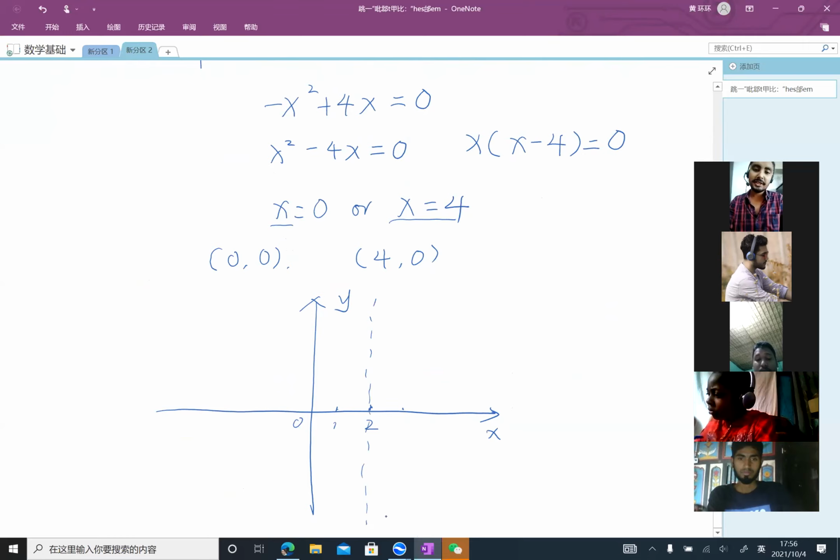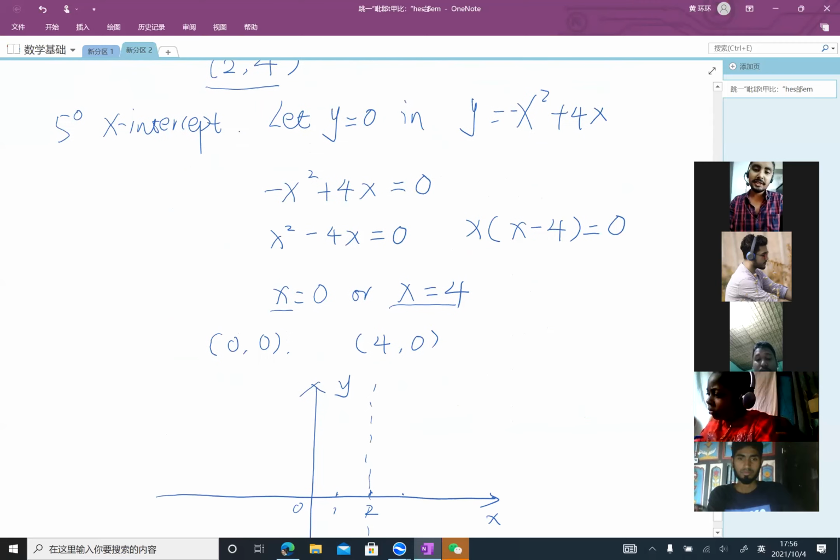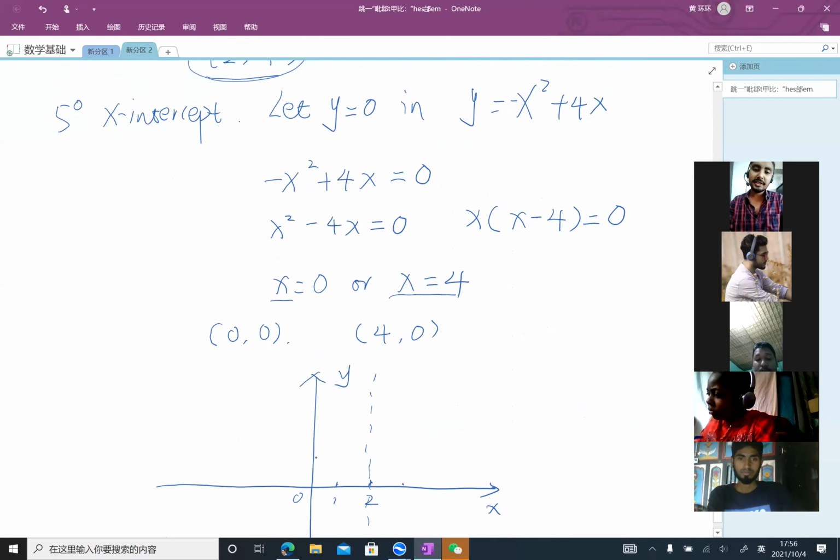This is the axis for the parabola. And then the vertex is (2, 4). So this point is in the first quadrant, right? So this is 1, this is 2, this is 3, this is 4, and this point will be the vertex for the parabola.